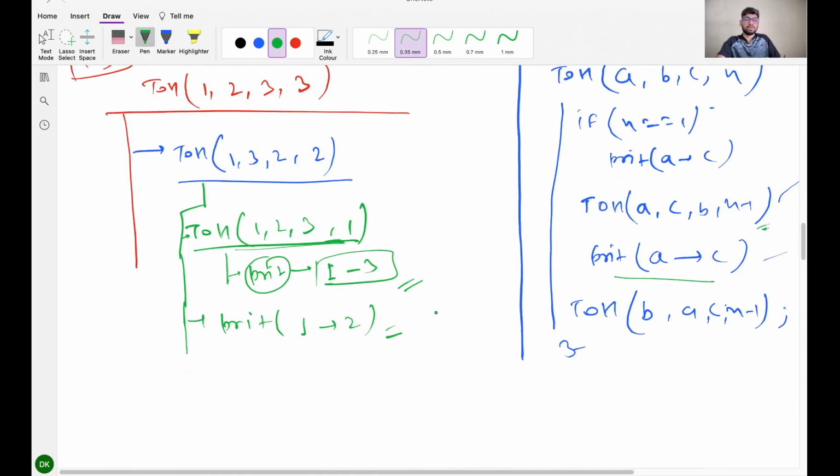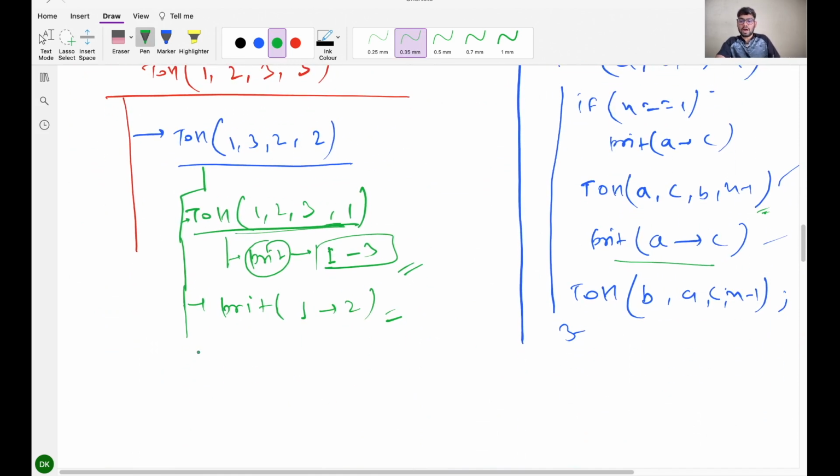So my code is running fine, and after that again I am calling the next recursive call for this n equal to 2, TOH, and at this time my source would be B and my destination would be C, using A as auxiliary.